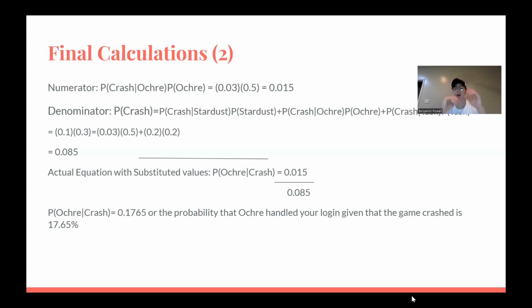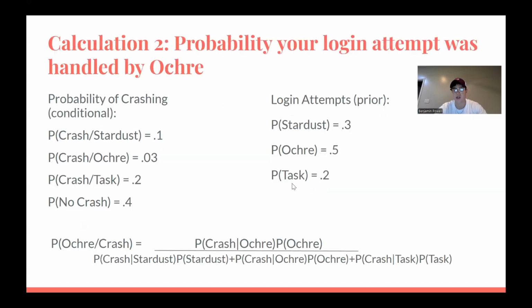All you're doing is breaking down simple sentences and turning them into mathematical equations, right? So we're taking these simple questions, like what is the probability that Okra handled your login? And we're just turning it into P(Okra) = 0.5. Simple terms, 50%. Math terms, 0.5.